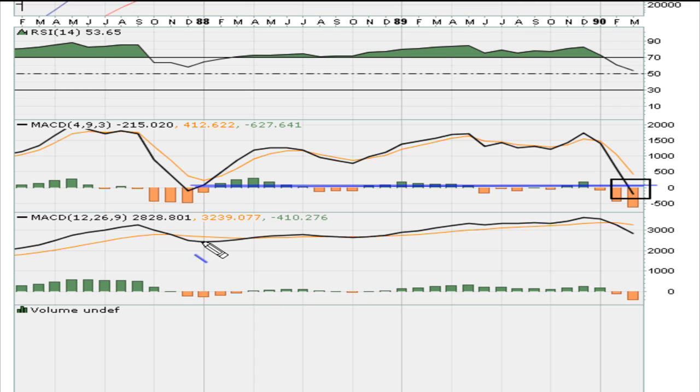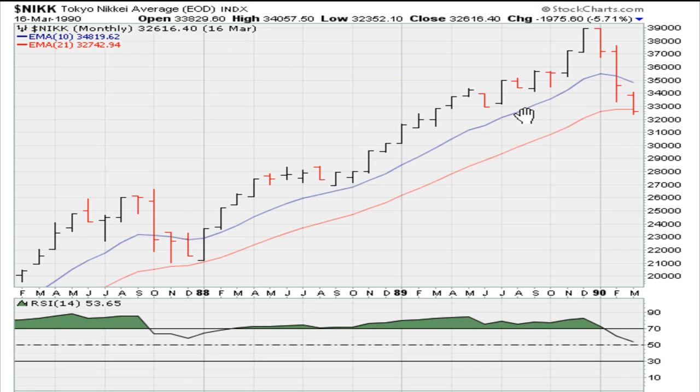Also, the main MACD was now getting very close to moving to 3-year lows. But since one of the MACDs was at 3-year lows right there, that shows that this was a very serious time to short the market in Japan or sell.